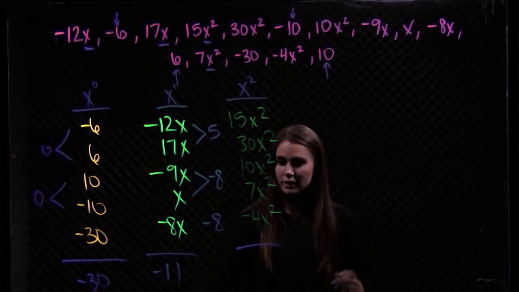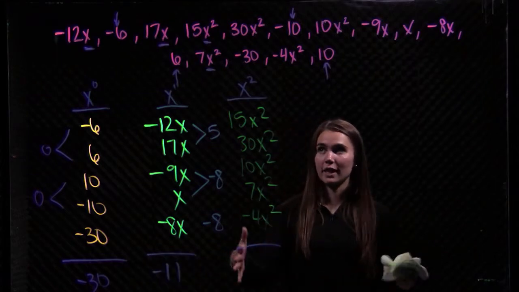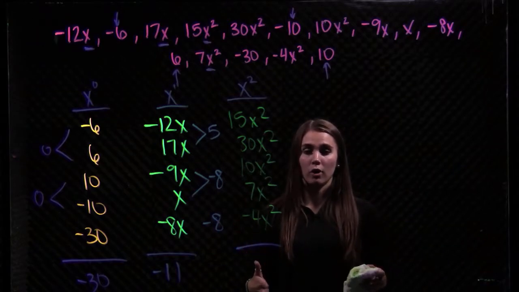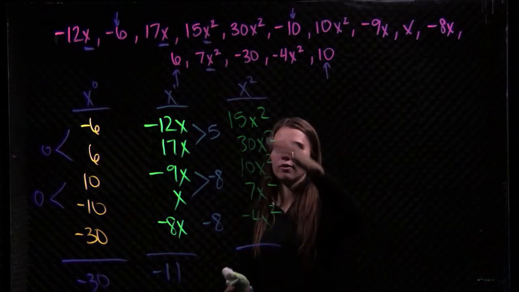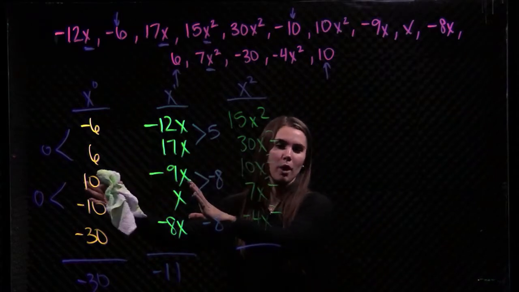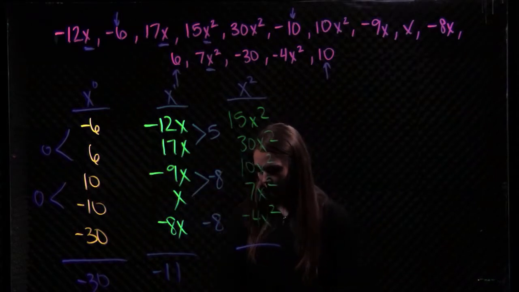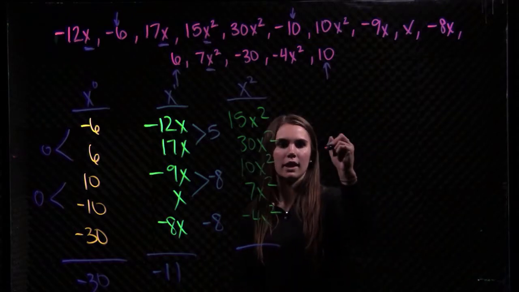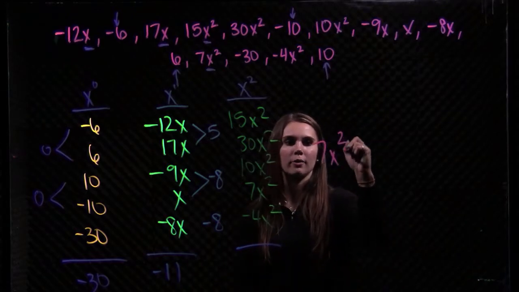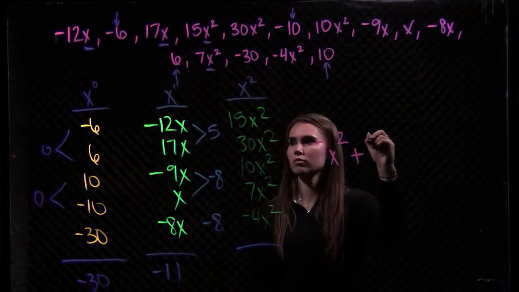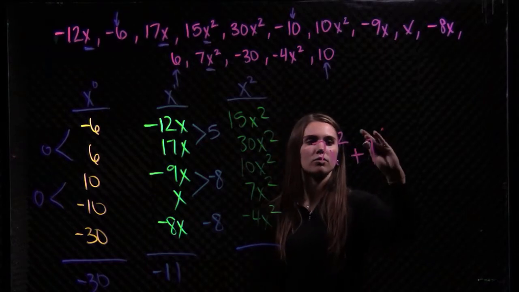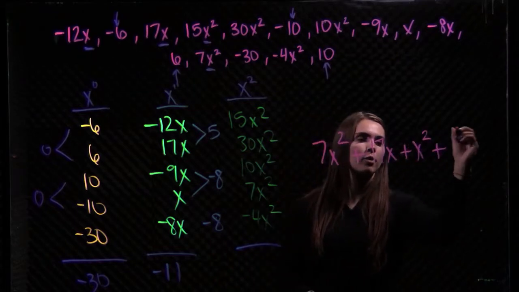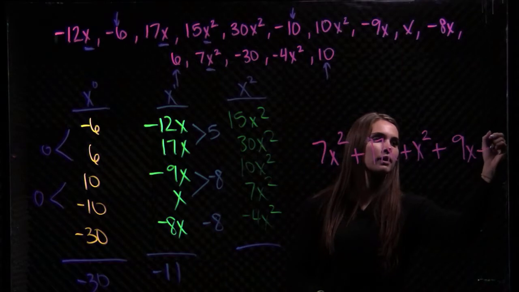So this is what we're going to be talking about today, and we're going to do some examples of adding and subtracting different types of polynomials, which is the combination of these different monomials into one expression. So like if I had something like, let's say, 7x squared plus 17x plus x squared plus 9x minus 7.